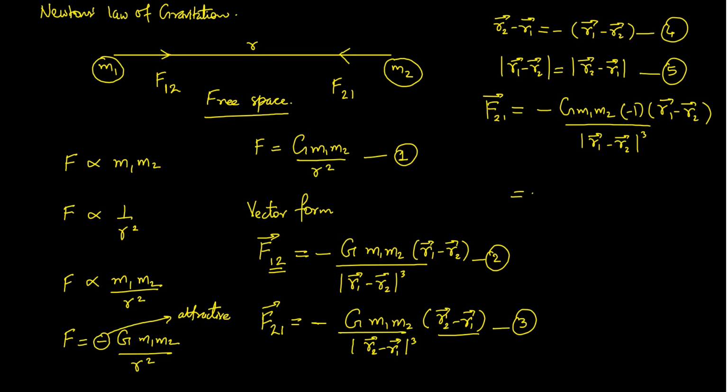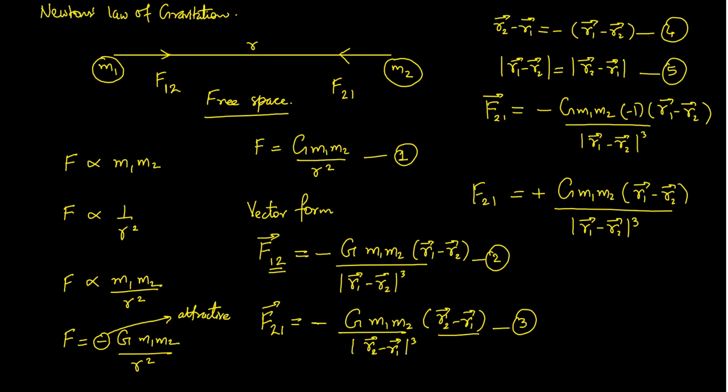Now you can see minus into minus will be plus. Then G m1 m2 times (r1 vector minus r2 vector) divided by the modulus of (r1 minus r2) cube.